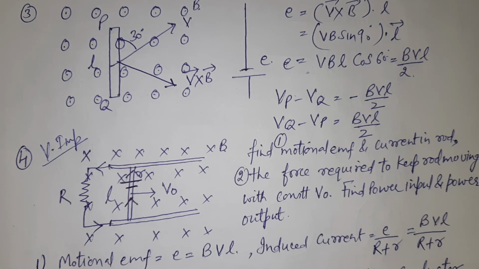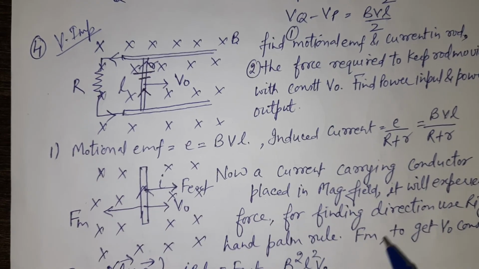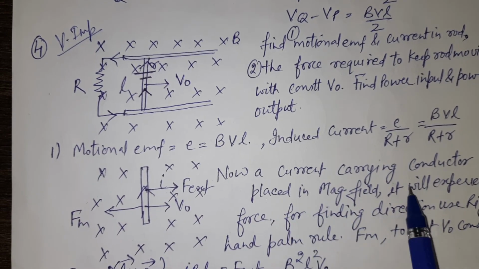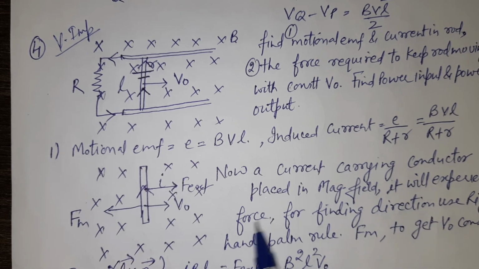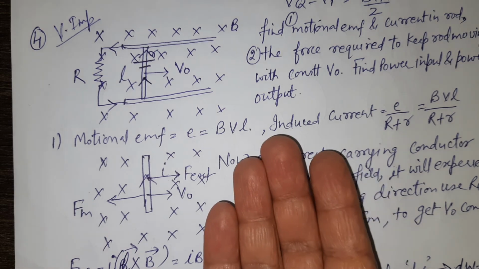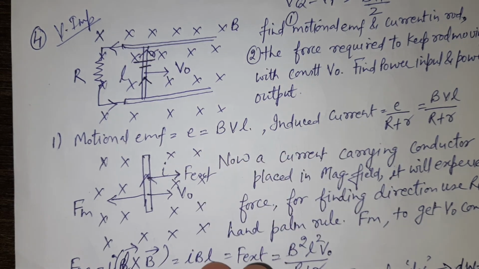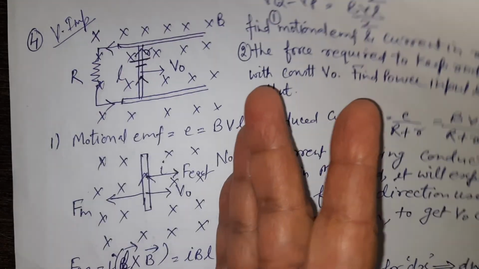For finding the direction, we use the right hand palm rule. According to the right hand palm rule, this is the direction of field and this is the velocity, so this will give the direction of force.